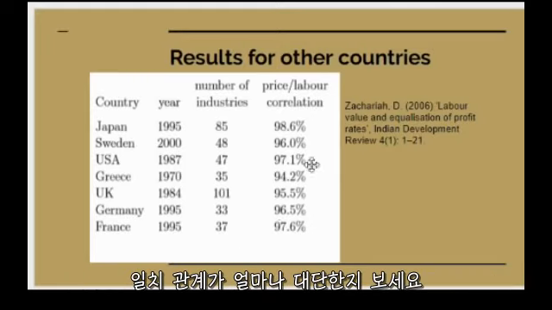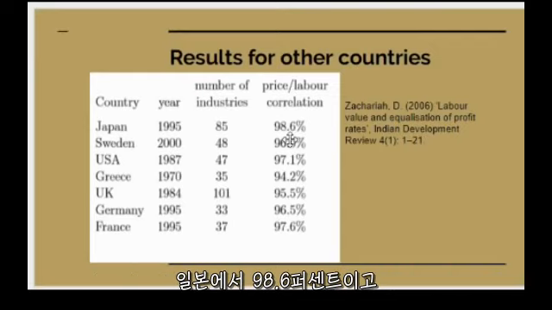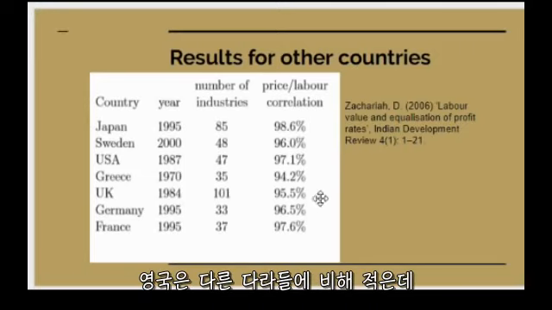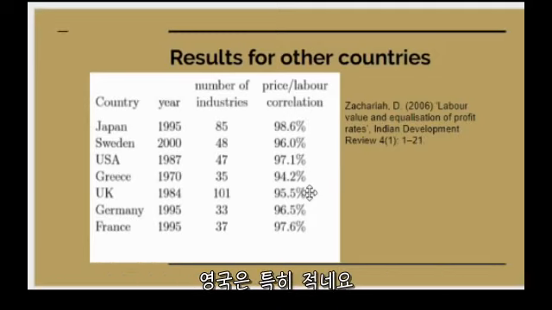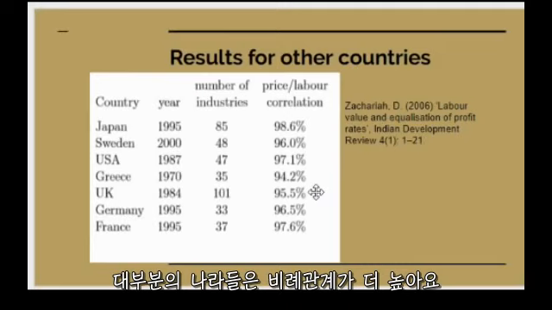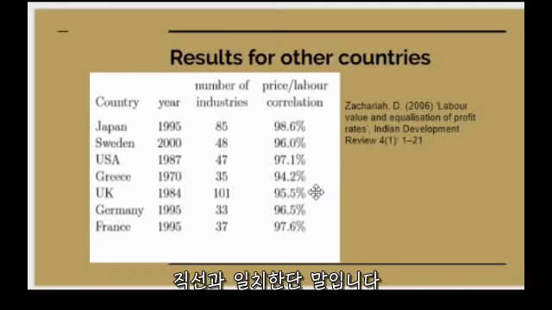And it's extraordinary how strong the correlation is. 98.6% for Japan, 97% for the USA. The UK has somewhat lower results than the other ones. That was the UK data I was giving you, 95.5. So the UK data I gave you was unusually poor. Most countries the correlation is much stronger. It's as close as, damn it, to a straight line.